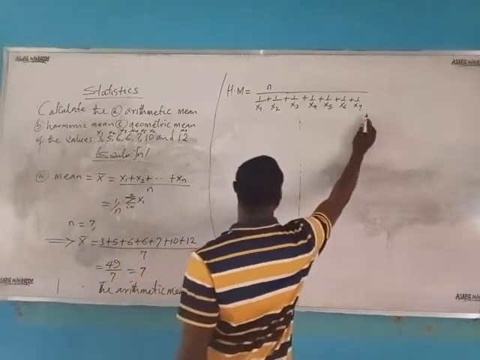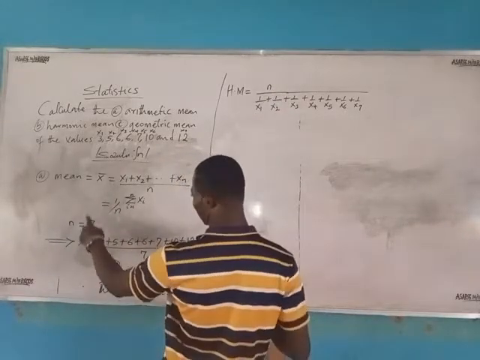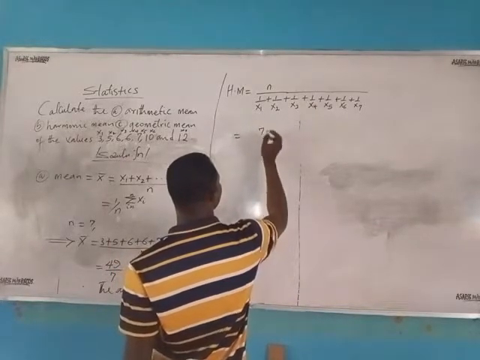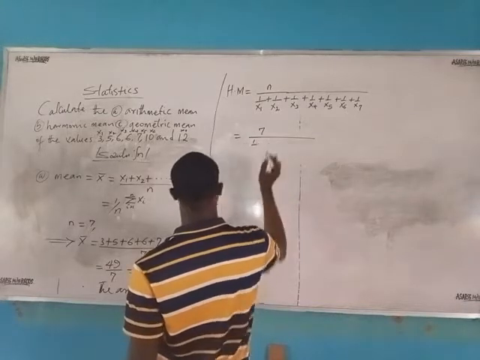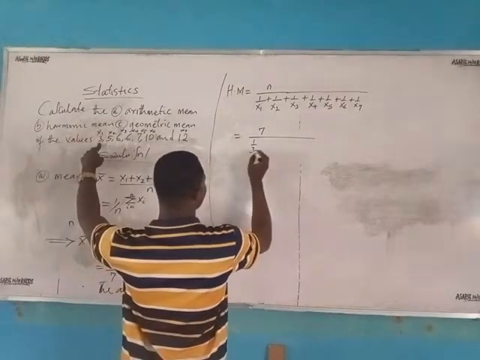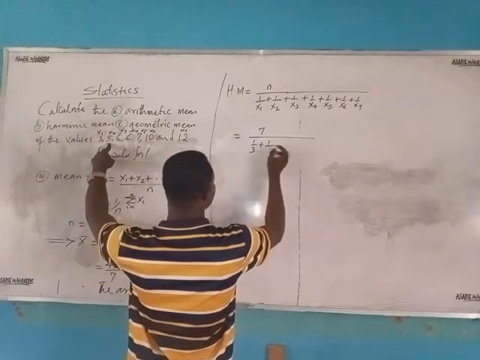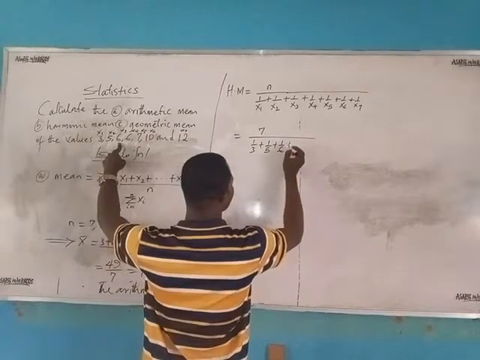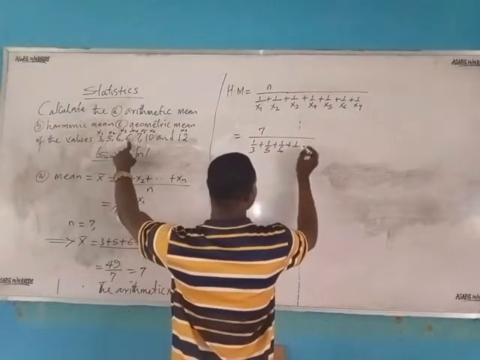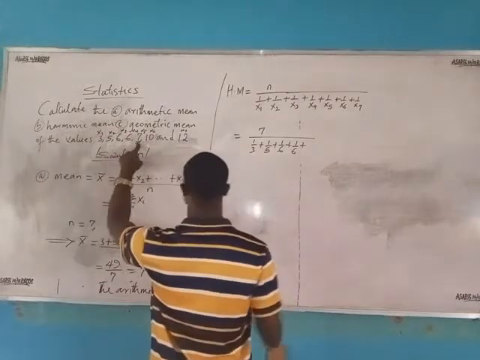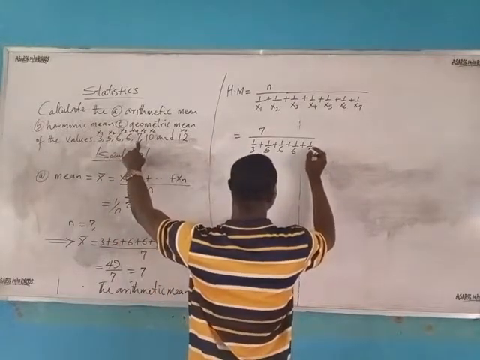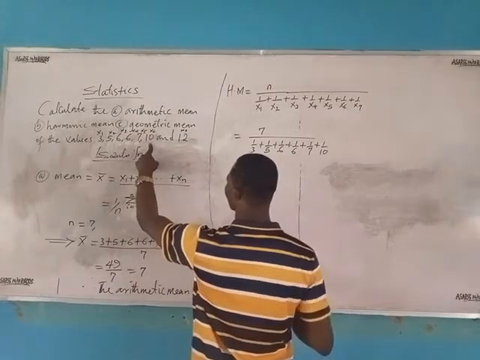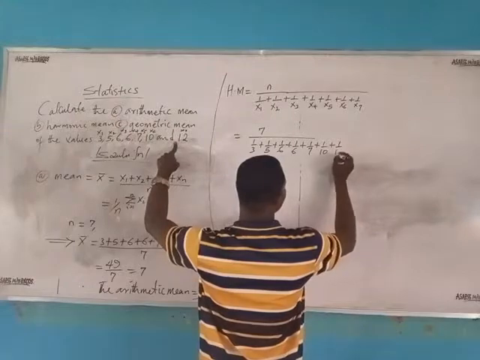So we just substitute: 7 all over 1 over 3 plus 1 over 5 plus 1 over 6 plus 1 over 6 plus 1 over 7 plus 1 over 10 plus 1 over 12.